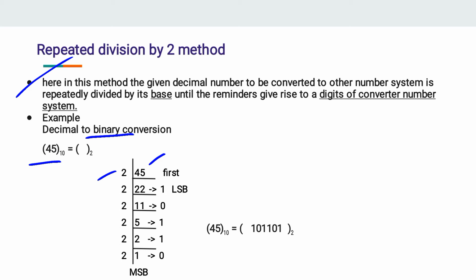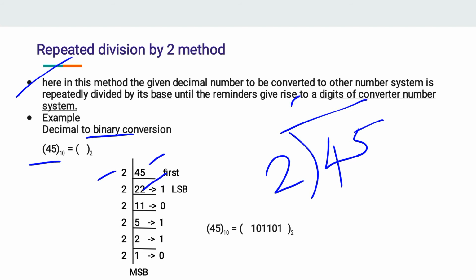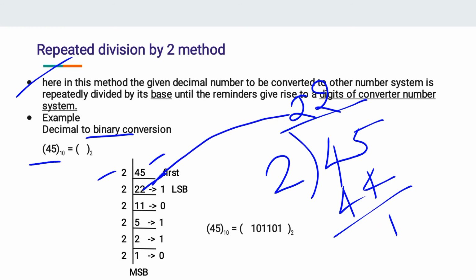When you divide 45 by 2, you will get 22, and 22 times 2 is 44, so the remainder is 1. The remainder you have to write here.